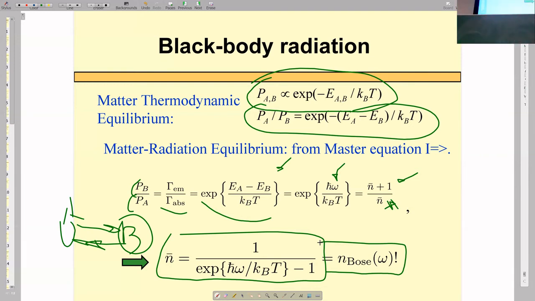Which should not come as a big news. You know that photons are photons, so they should obey the general distribution. And now we see how it comes as a balance of two radiation processes, emission and absorption.